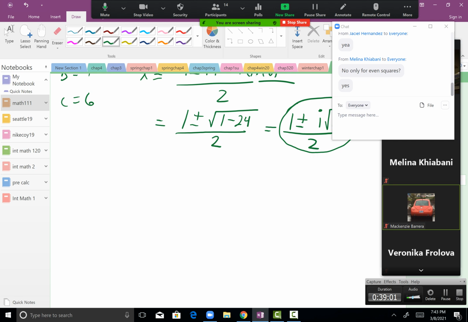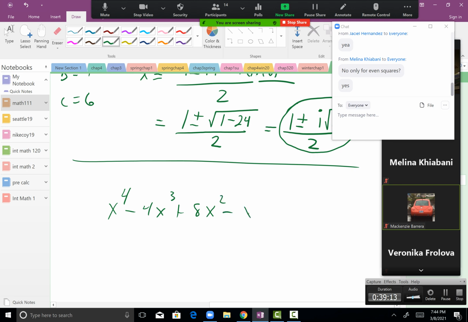Okay, now we're going to try this one. All right. This time this is going to be a 4th degree. Okay, go find me x-intercepts.